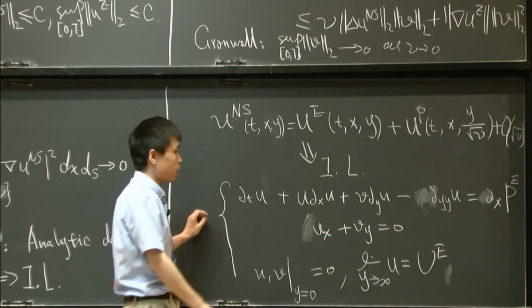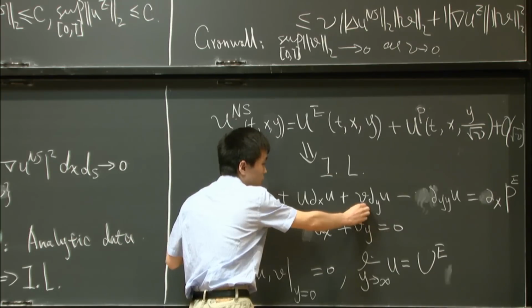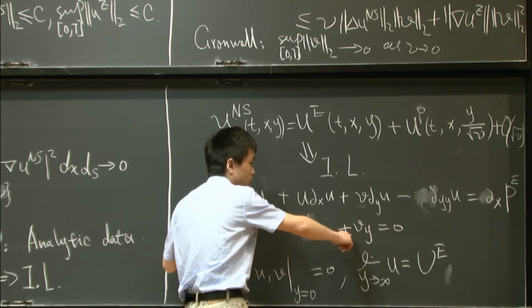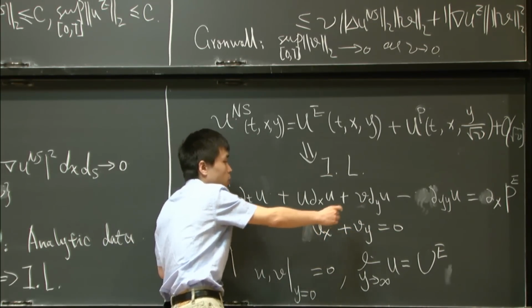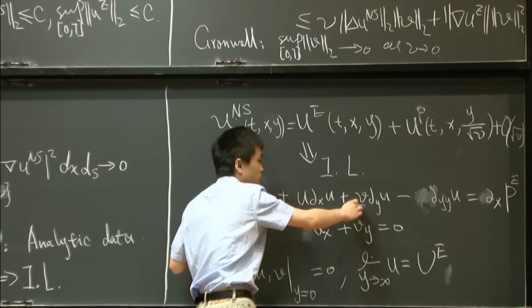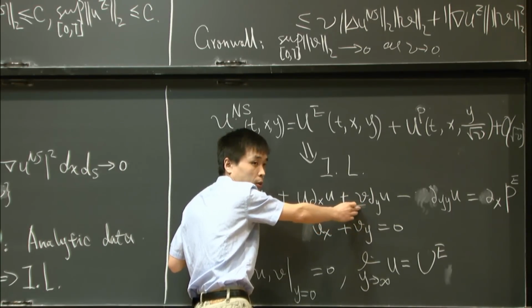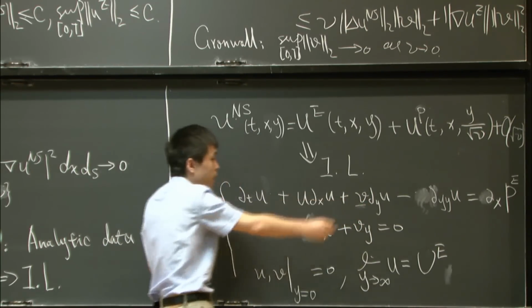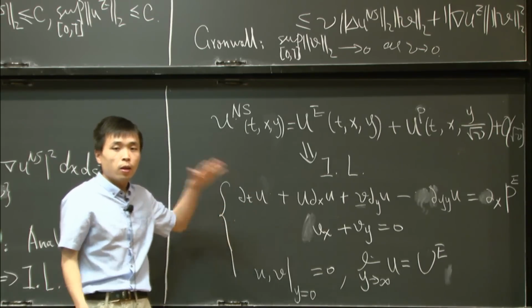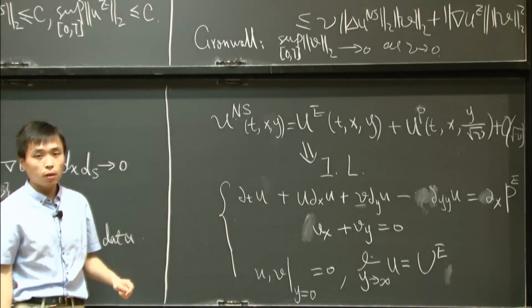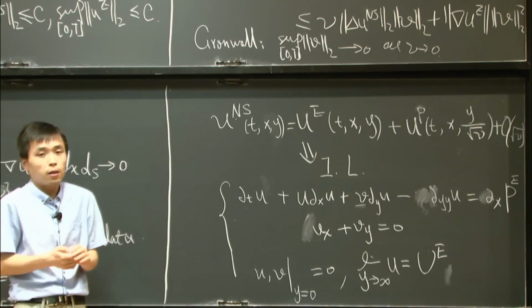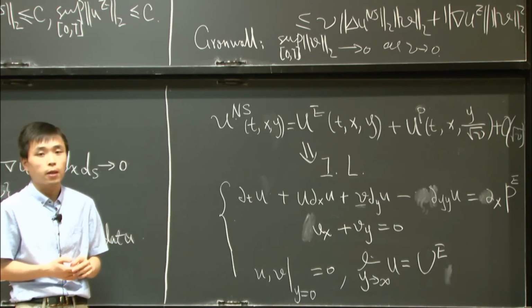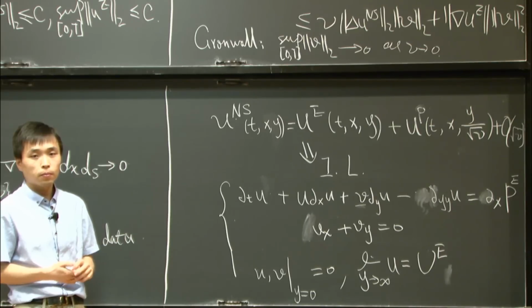So you would expect that in this equation, v is recovered from integrating this u. And you would expect x derivative loss in this equation. So that's the main trouble here. That's why we expect that you need some analytic initial data to recover that derivative loss.